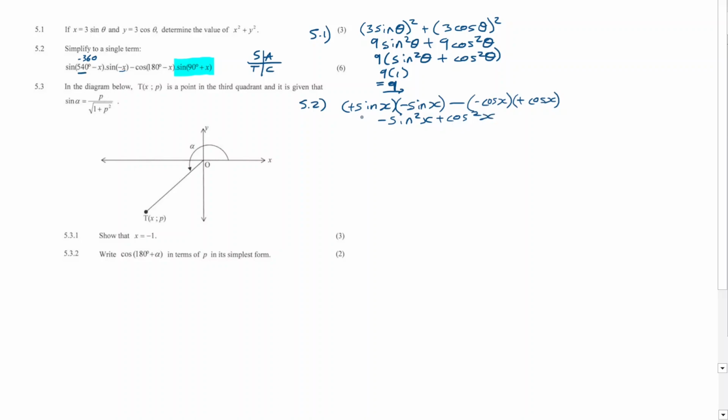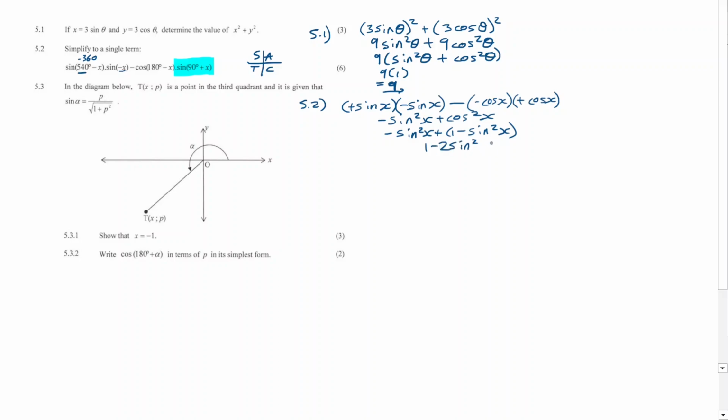Now, if you're in grade 11, you would probably leave your answer like that. Or if they said write it as a single trigonometric ratio, what you could do is change cos squared to be 1 minus sine squared, and then for you that might simplify to just being 1 minus 2 sine squareds.